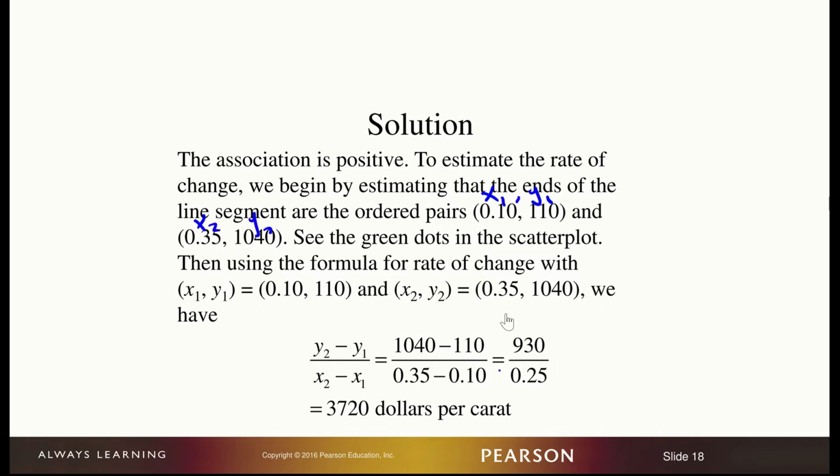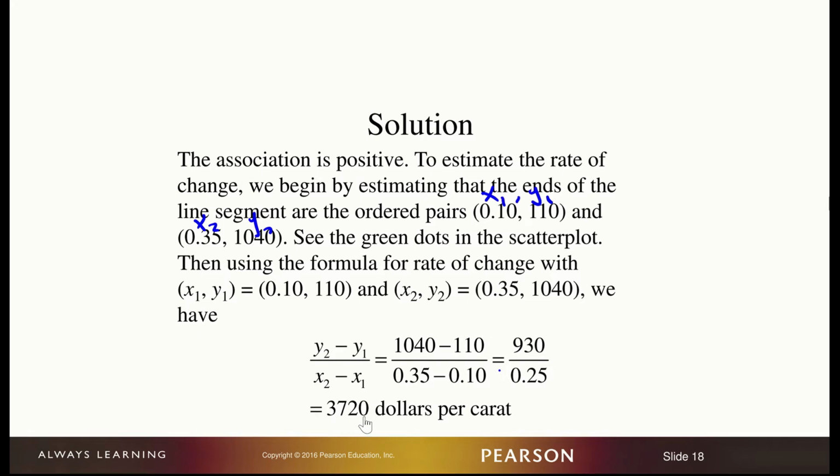Then all you have to do is y2 minus y1, so 1040 minus 110, over 0.35 minus 0.1, and this is what we obtain. And if we do the division, we get 3720.